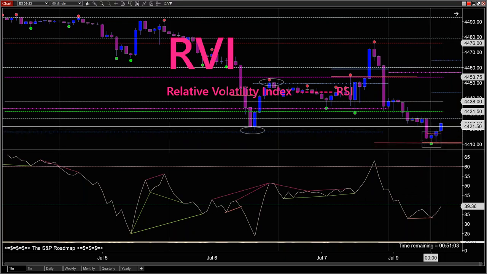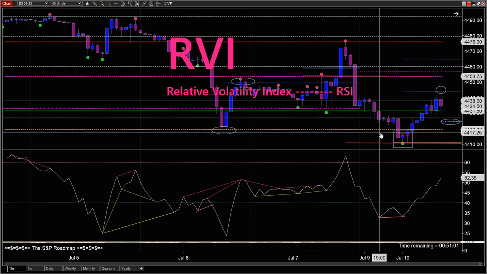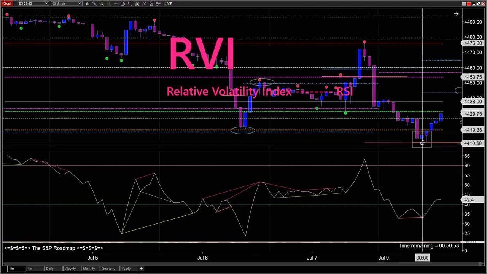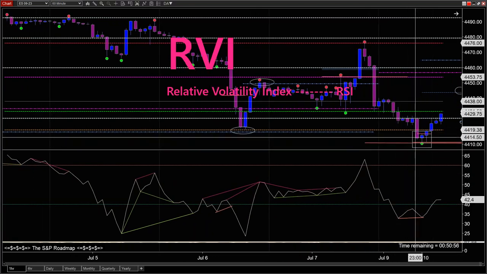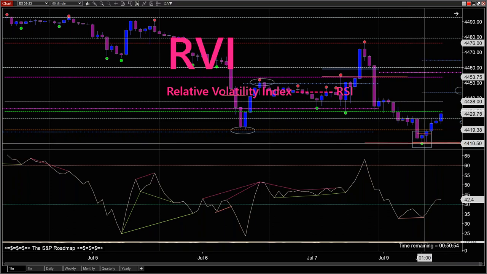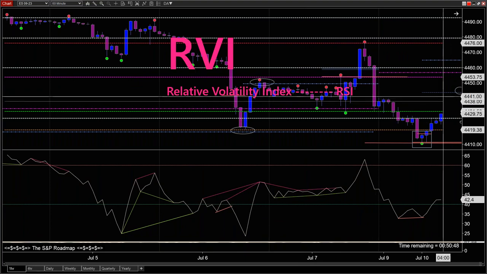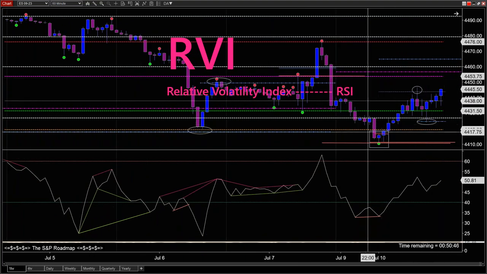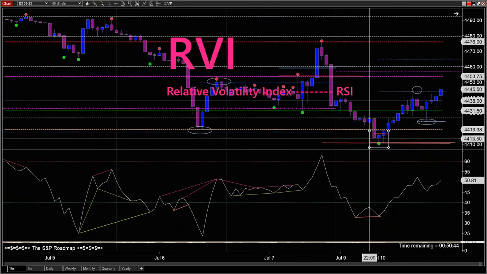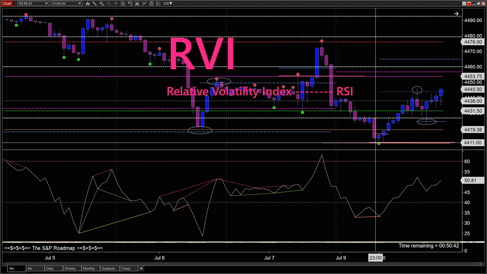So you're really mitigating any additional risk, because if you can get as close to the low of the rotation as possible, which you can do within the first few hours of that rotation once that hourly closes, you can set yourself up for a large move and keep that risk as tight as possible.